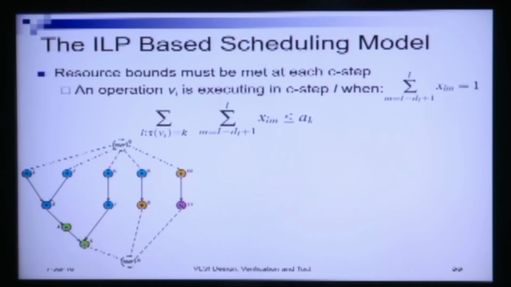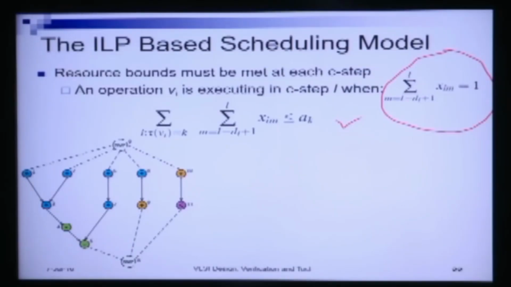So, we represent that in this term, m equals L minus Di plus 1 to L. This represents the time it goes back at most Di time steps from the current time step and finds out whether the operation has started at any time between the Dith previous time step and the current time step. If it has started at most this many time steps earlier, then it is also currently executing.